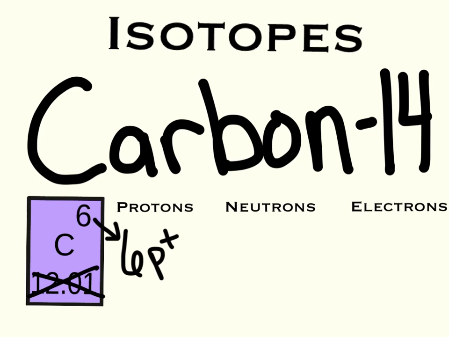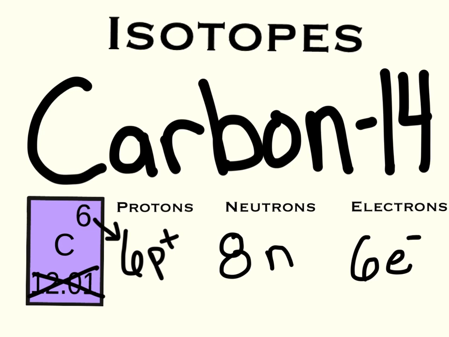So therefore, I need 14 protons and neutrons. I already have 6 protons, so I have to have 8 neutrons. We just use the letter N for neutron. And finally, these isotopes are stable just like a regular atom, so their electrons will be the same number as the protons. The only thing we're changing in the case of isotopes is the neutrons, which doesn't change the charge at all.